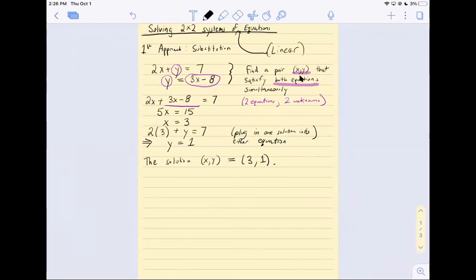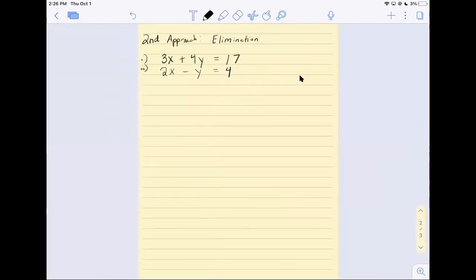In general, anytime somebody talks about a system of equations, they usually refer to a system of linear equations, where each equation has variables that only show up once. There are no exponents or square roots or anything like that. Excellent.